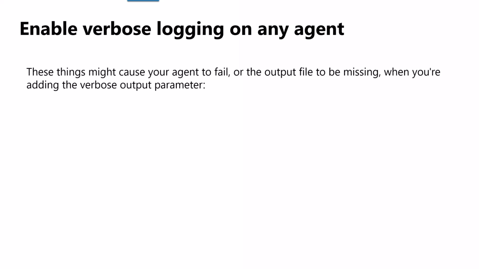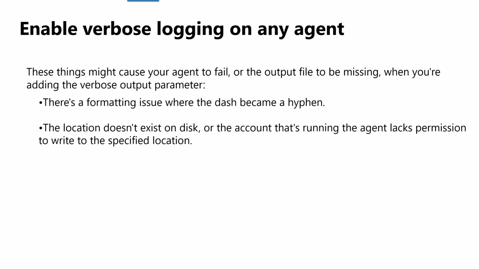The following things might cause your agent to fail or the output file to be missing when you're adding the verbose output parameter. It could be there's a formatting issue where a dash becomes a hyphen. The location doesn't exist on the disk, or the account that's running the agent lacks permission to write to the specific location.